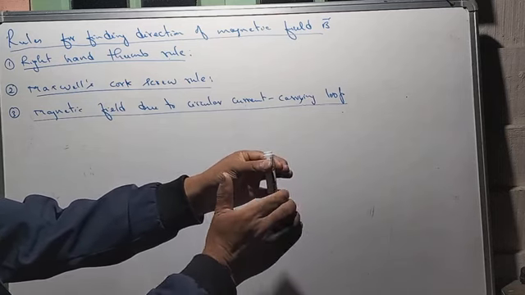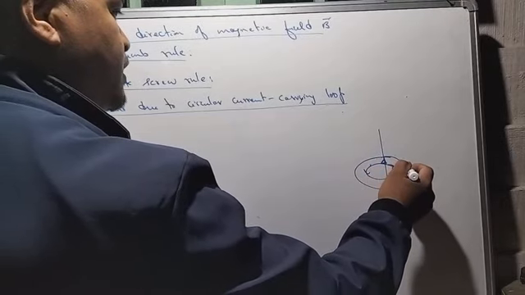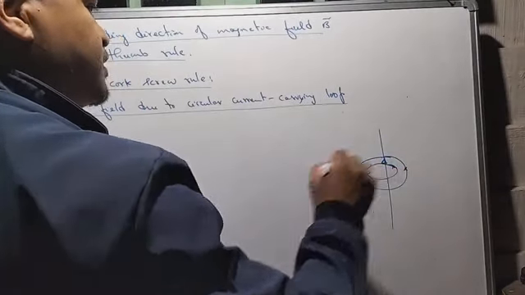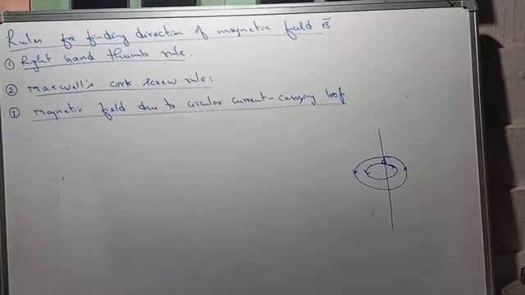So if this is my straight conductor carrying a current in this way, then according to this rule, the magnetic field forms concentric circles around the wire in this way. That is the first rule to determine the direction of the magnetic field.